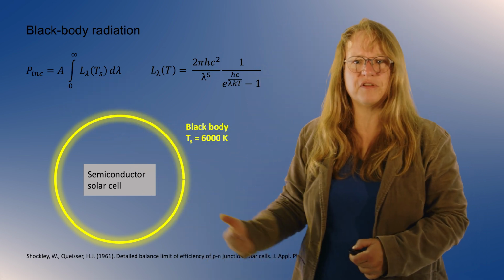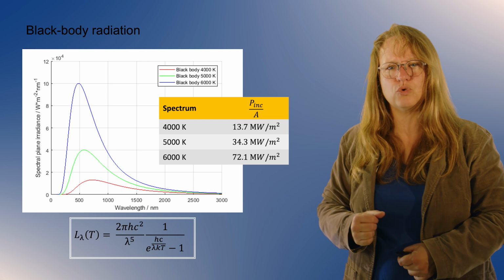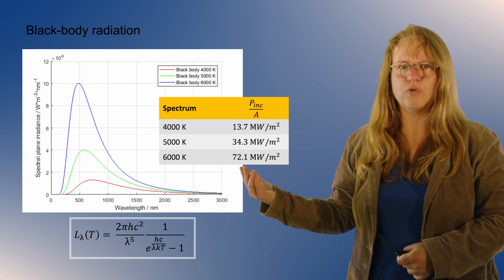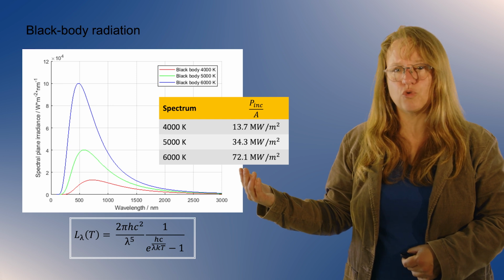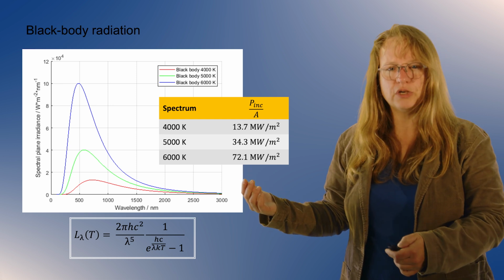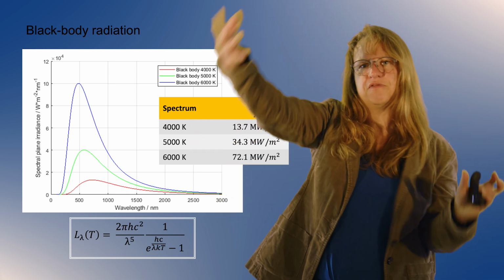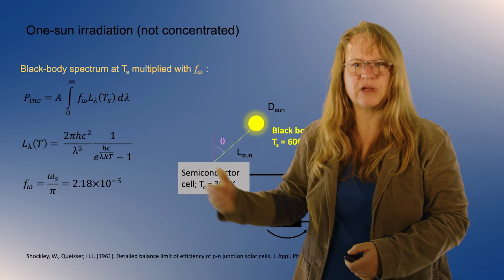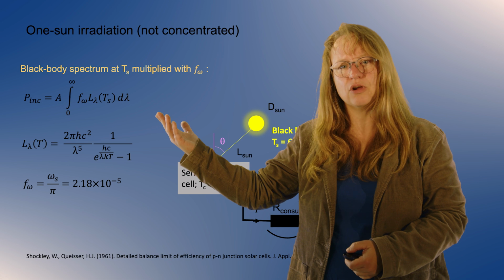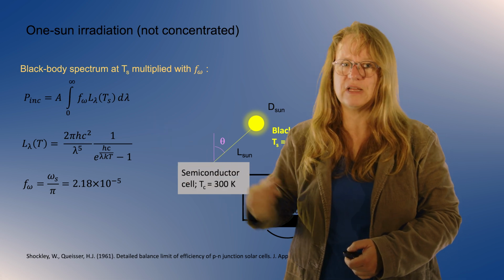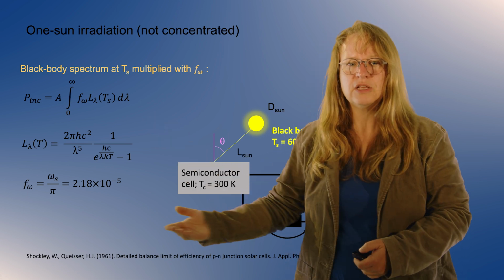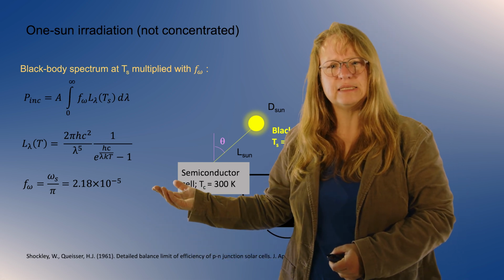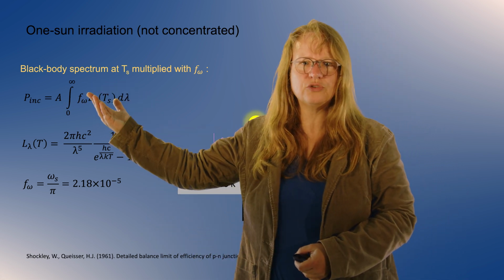And the incident power for this case was these values I showed you previously, that at 6000 Kelvin we have 72.1 megawatt per meter squared incident onto our solar cell if the black body radiation was coming from all sides. But now, of course, the black body radiation is only coming in a solid angle of 6.85 times 10 to the minus 5 steradian. So we have this correction factor here. This correction factor then needs to be multiplied into the equation.